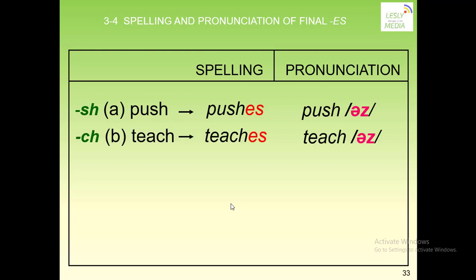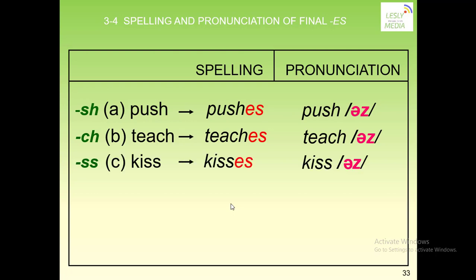Okay, next. How about if the verb ends with ch, for example, teaches. Okay, next. If the verb ends with s, again you have to pronounce it, for example, kisses.